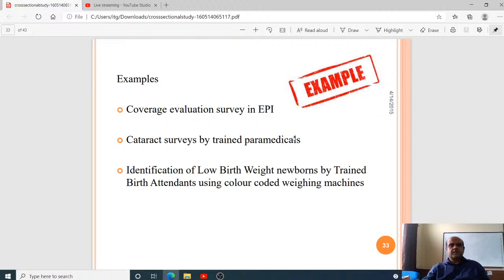For example, coverage evaluation surveys like EPI, cataract surveys by trained paramedicals, and identification of low birth weight newborns by trained birth attendants using color coded weighing machines.